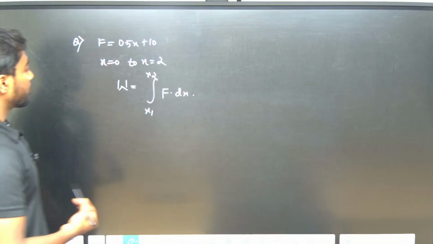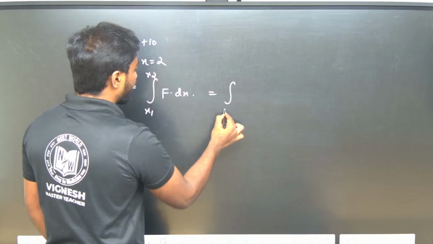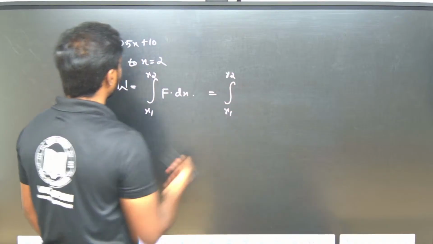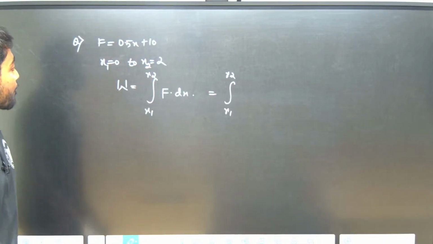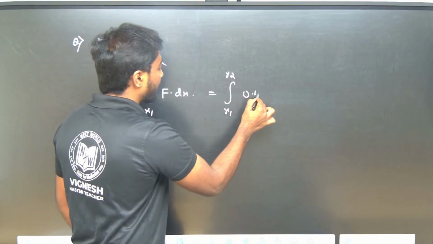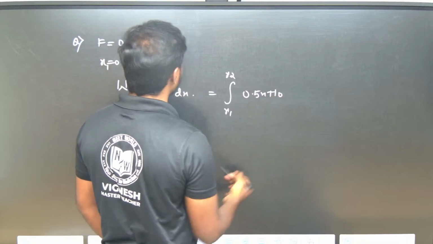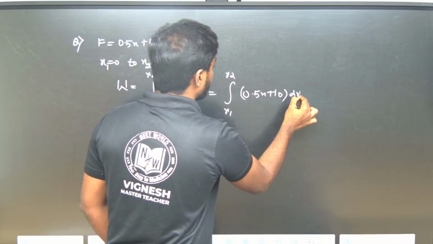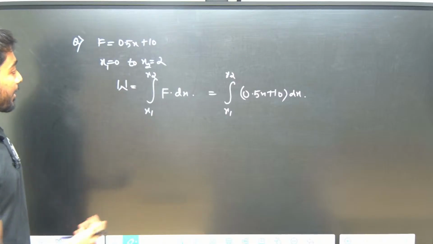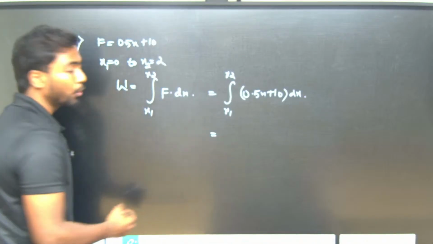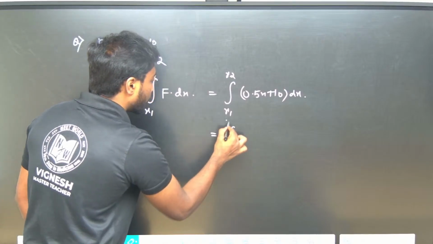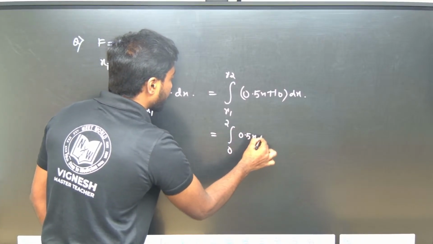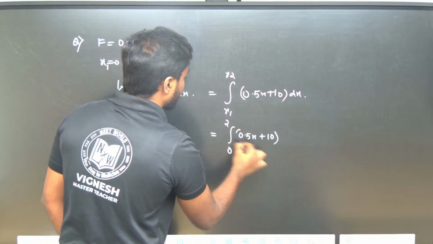Force is 0.5x plus 10, dx. x1 and x2 are 0 to 2. So the integral from 0 to 2 of (0.5x plus 10) dx.